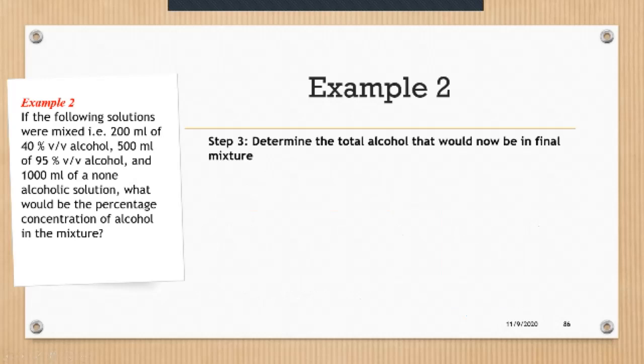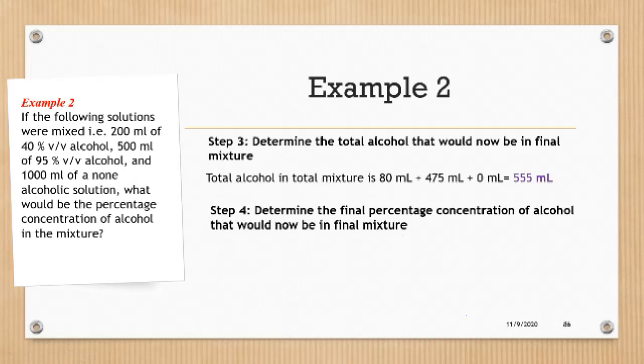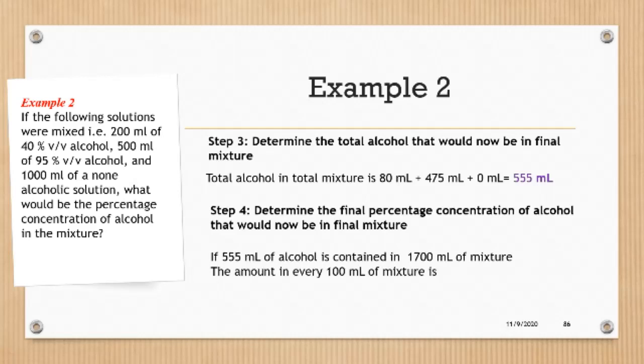So the next step now is to determine the total alcohol that will be in the final mixture after you mix those three ingredients together. So the total alcohol for the total mixture would be the 80 plus the 475 plus the 0 mils, which will give you 555 mils. To determine the final percentage of the alcohol in the final mixture, you'll have to know what the final volume of the mixture will be after you add the 200 ml, the 500 ml, and the 1000 mils.